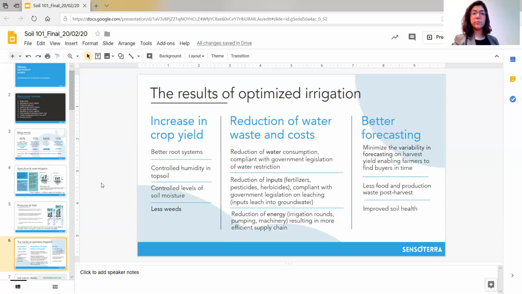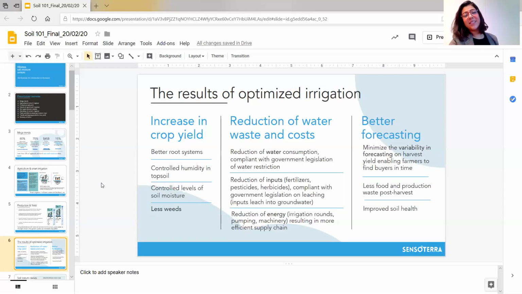Reduction of inputs, so fertilizers, pesticides, herbicides, compliant with government legislations as well on leaching. Reduction of energy, so when using optimized irrigation, we're also talking about fewer irrigation rounds and less pumping machinery, resulting in a more efficient supply chain.